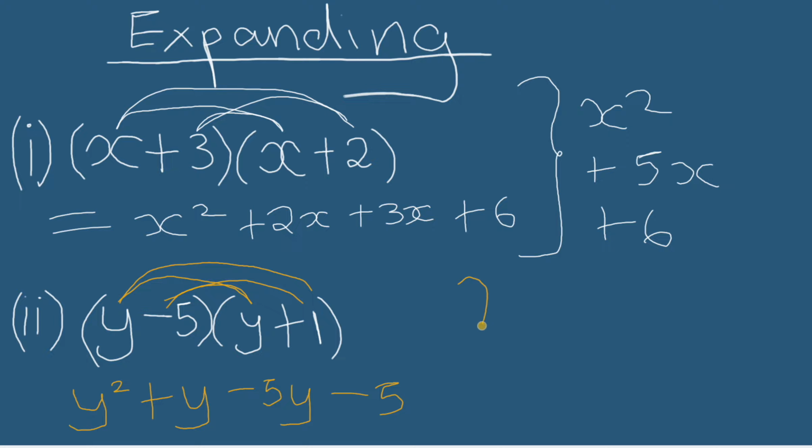If you simplify that, y squared plus 1y minus 5y becomes minus 4y, and then we just have minus 5. So the final answer, y minus 5 times y plus 1, becomes y squared minus 4y minus 5.